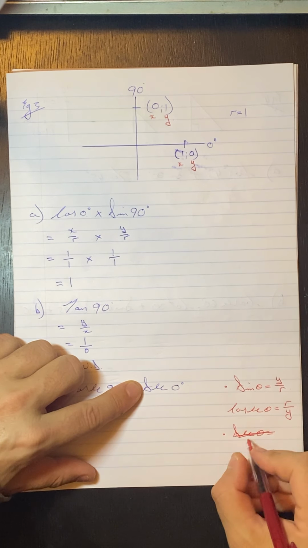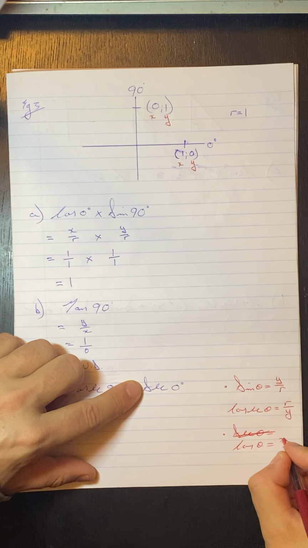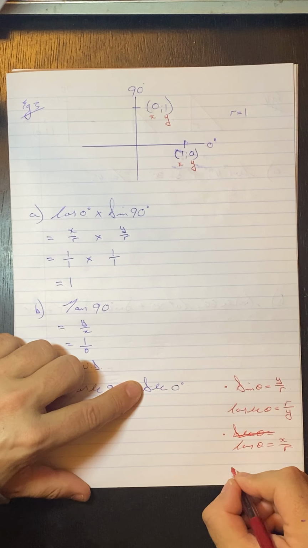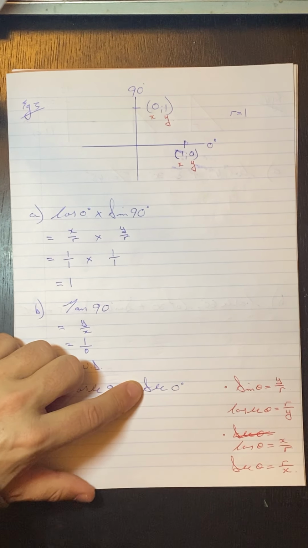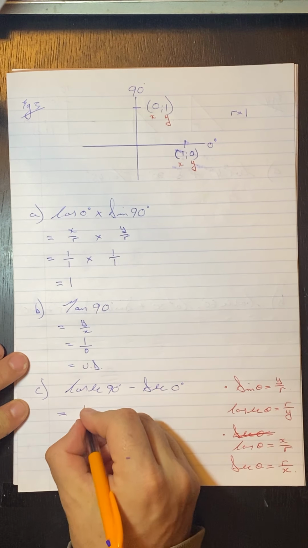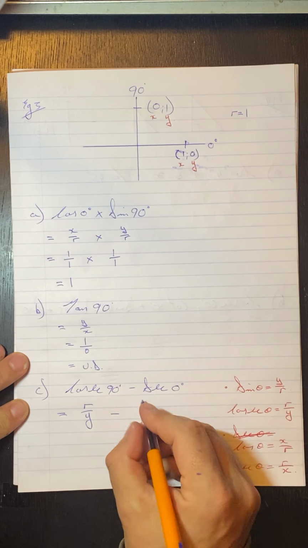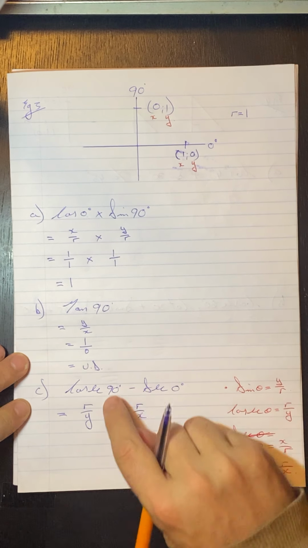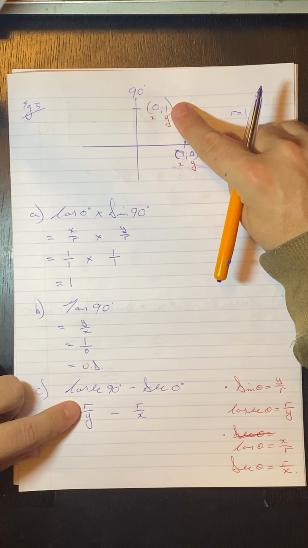So let me change this to cos theta is equal to cos x rays. So that means that sec theta equals r over x. Okay, so this would be equal to cosec is r over y minus sec is r over x. Right, this one's looking at 90 degrees, so I'm looking over here. What is our r value at 90?